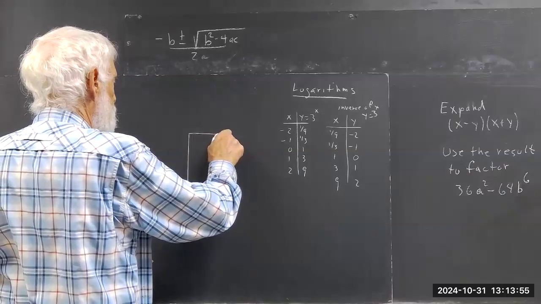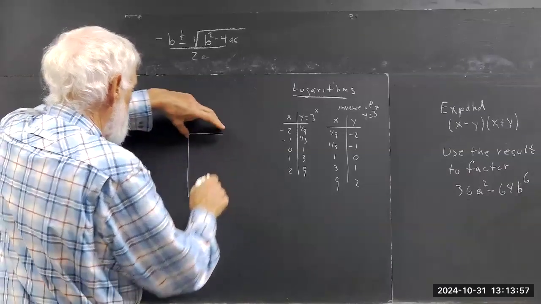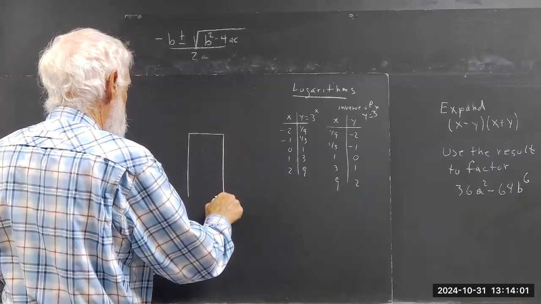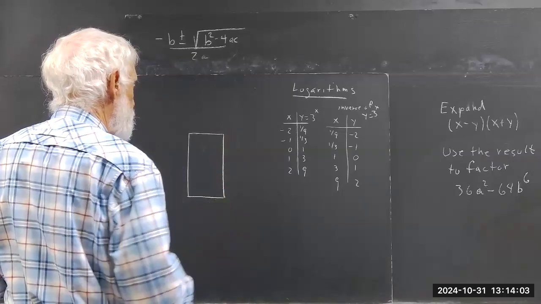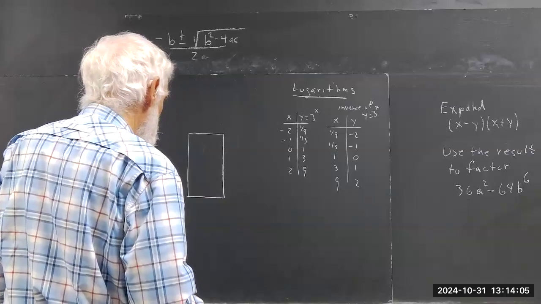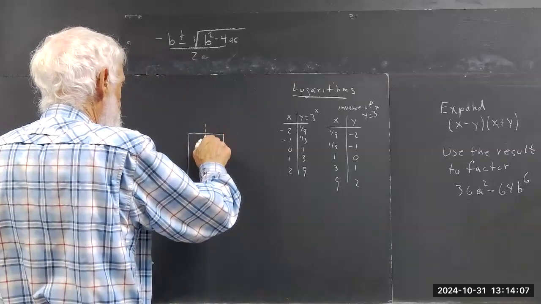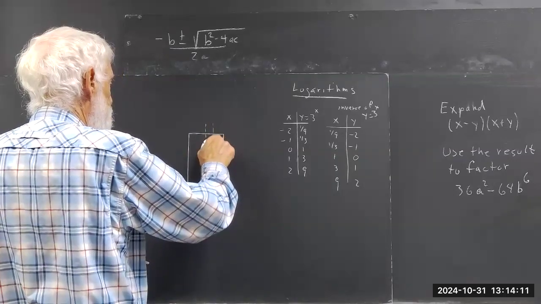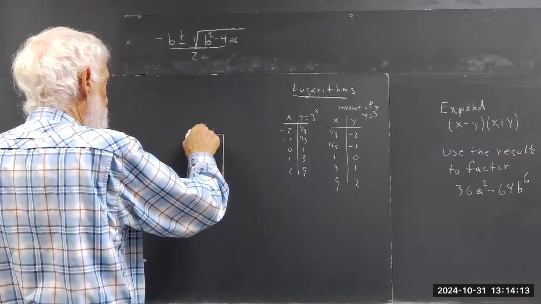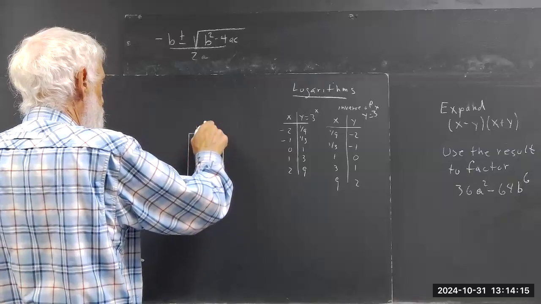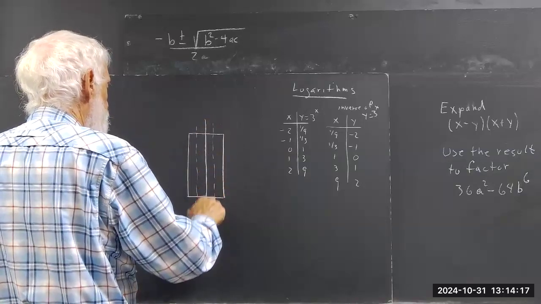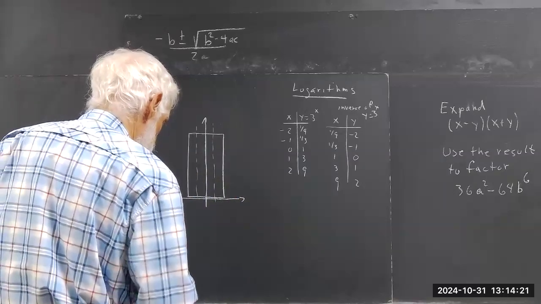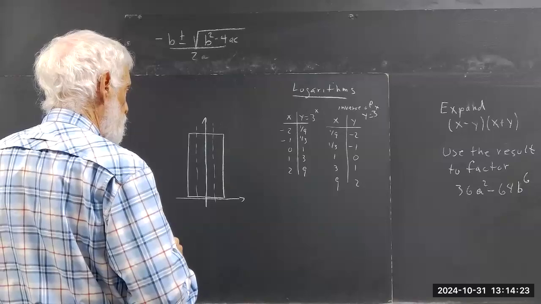I'm going to try to make it more or less to scale. That's 4, that's 4, 2. Then I'm going to put the axes down the middle, right here. This is the y-axis and this is the x-axis, because the red dot is still in the middle.